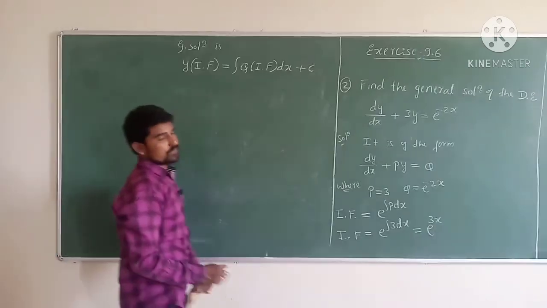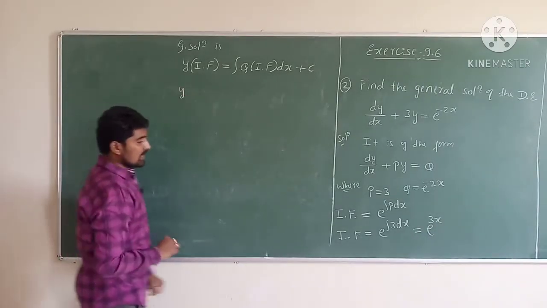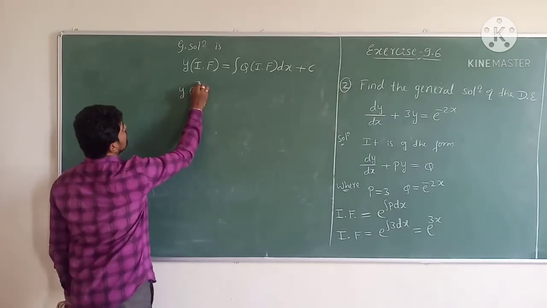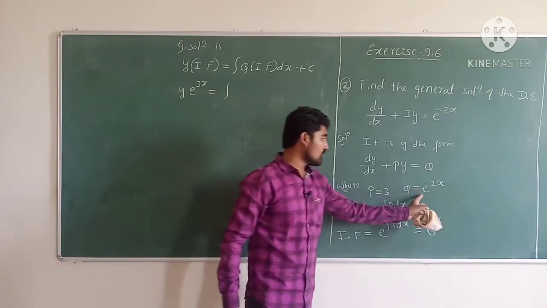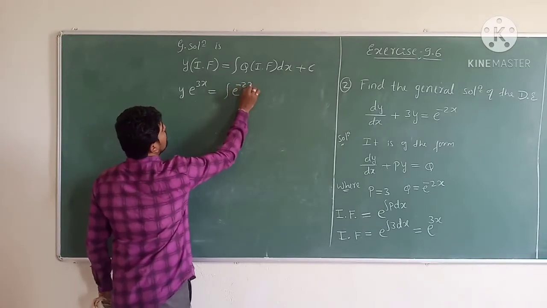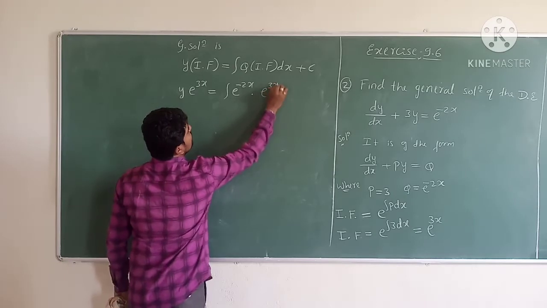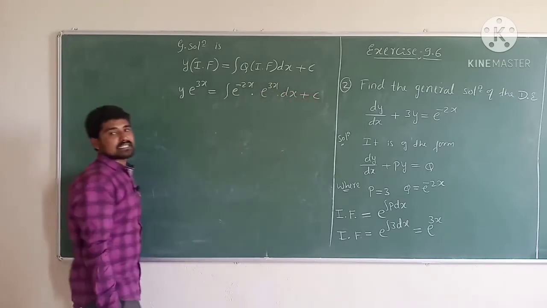So now y as it is, the integrating factor is e power 3x, which is equal to the integration of q, where the value of q is e power minus 2x, into the integrating factor e power 3x with respect to x plus the integral constant c.